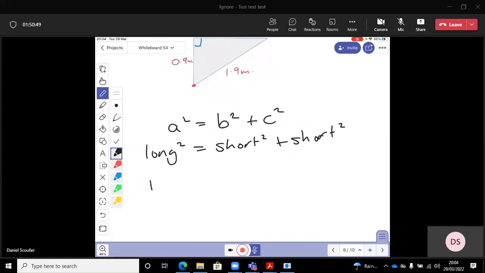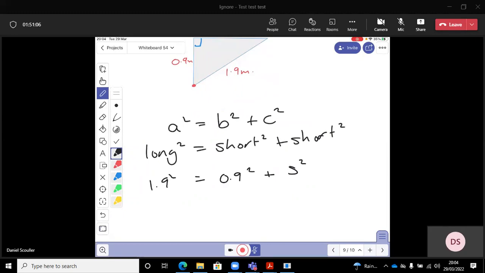Your long side is 1.9 squared. Your long side is always the side opposite your 90 degrees. One of your short sides is 0.9 squared. The other short side we've called S, so we'll just call it S squared.